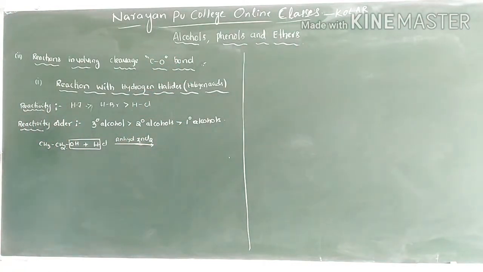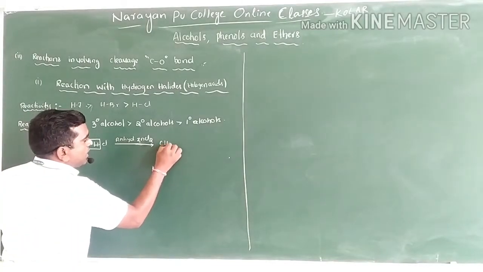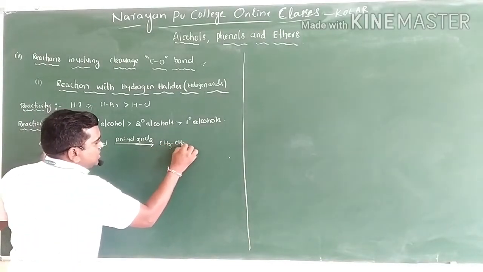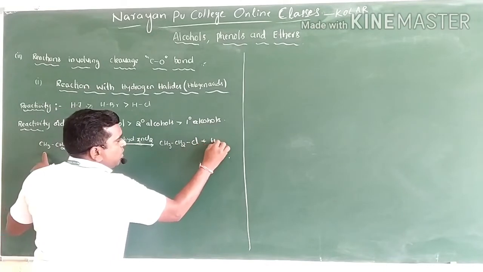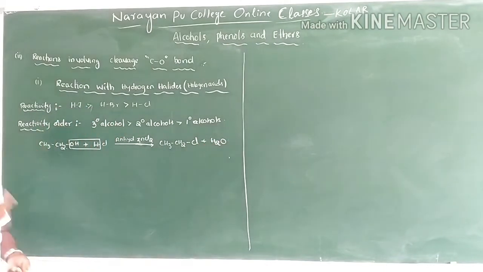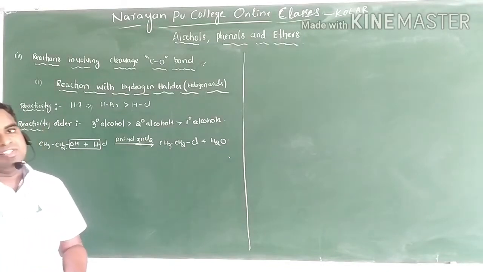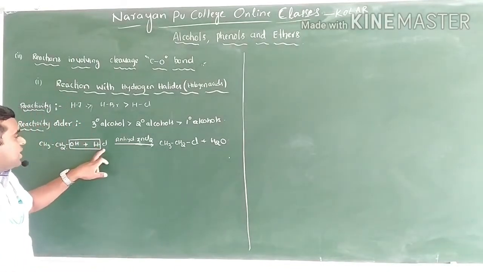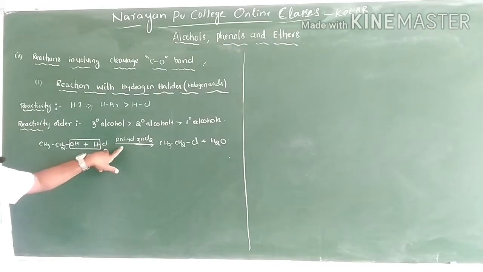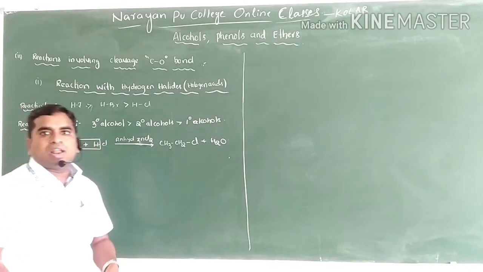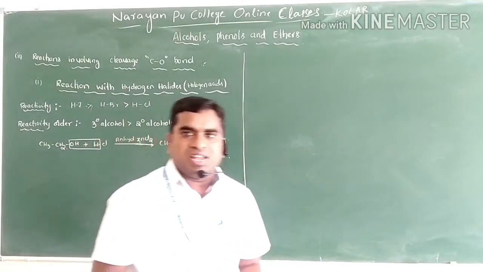One example. Clear? So now you will get the compound CH3CH2Cl plus H2O. And I already mentioned in the previous haloalkanes and haloarenes chapter that the mixture of concentrated HCl and anhydrous zinc chloride is called Lucas reagent.